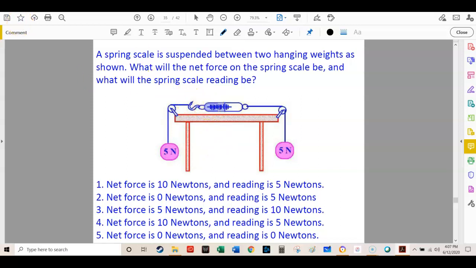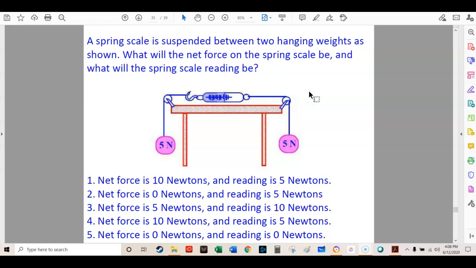Spring scales. One of the most reliable pieces of technology that we have for measuring force is a spring scale, and that's just a little spring. We know how much tension is in that spring, so how much of a force you need to apply, and we can create these things consistently such that they will consistently measure the same weight, the same force.